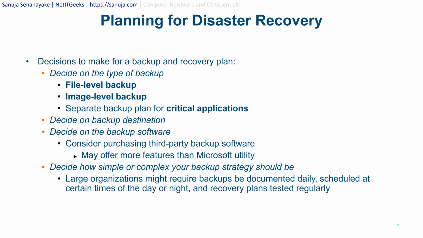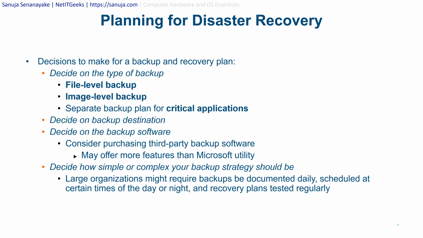And obviously you need to decide where you're going to have those backup destination files, so where the backup files will be located. It is recommended that you do not keep all your eggs in one basket by putting all your backup files in the same location as where the company is operating. For example, if you have two office buildings, maybe backup data between the office buildings.